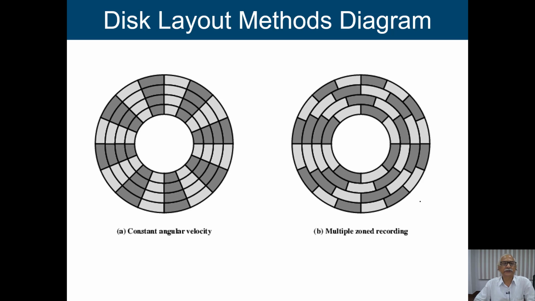So like that you just see this one has concentric tracks with the same sectors, okay, but this is divided into zones. So this is one sector, this is the second sector, third sector, like that, and inside also this is one sector, this is another sector. So here what will happen?